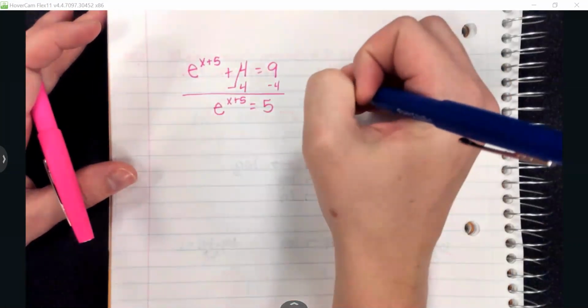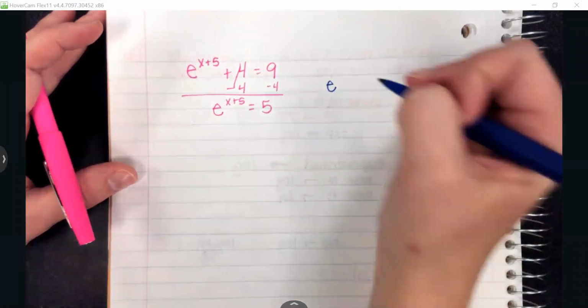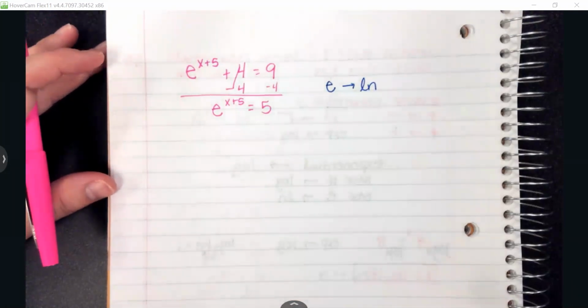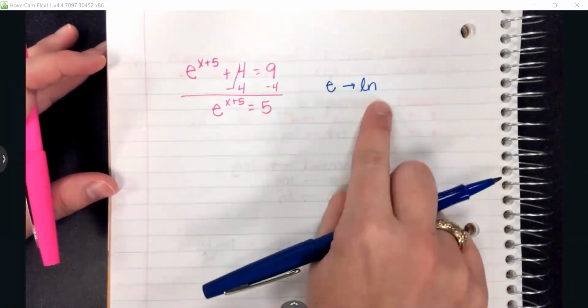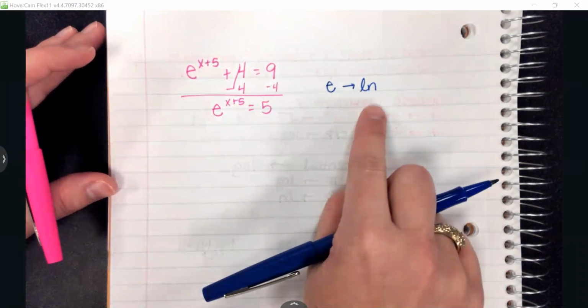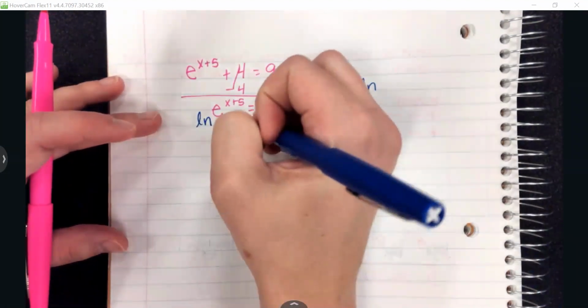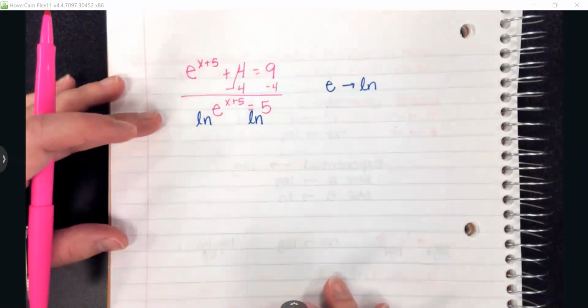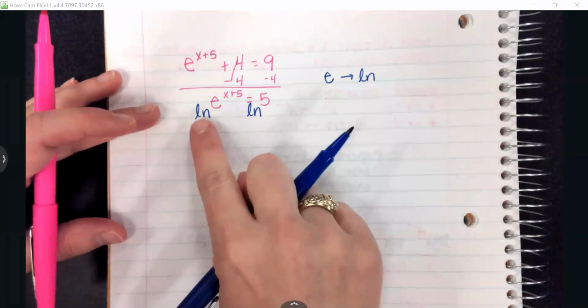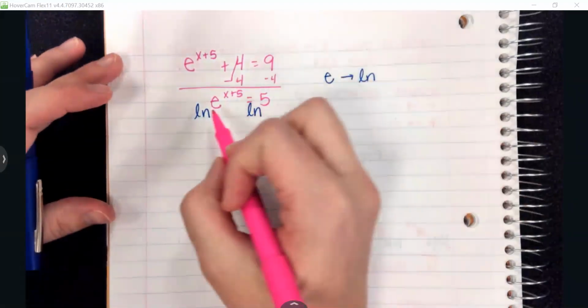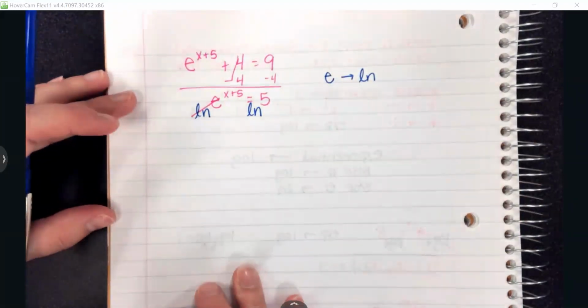This has a base of e, so I'm not using log, I'm now using ln. Okay, e has to change to ln. So I'm going to have ln on the left side and ln on the right side. What does ln of e, what do you think that equals? That equals 1.